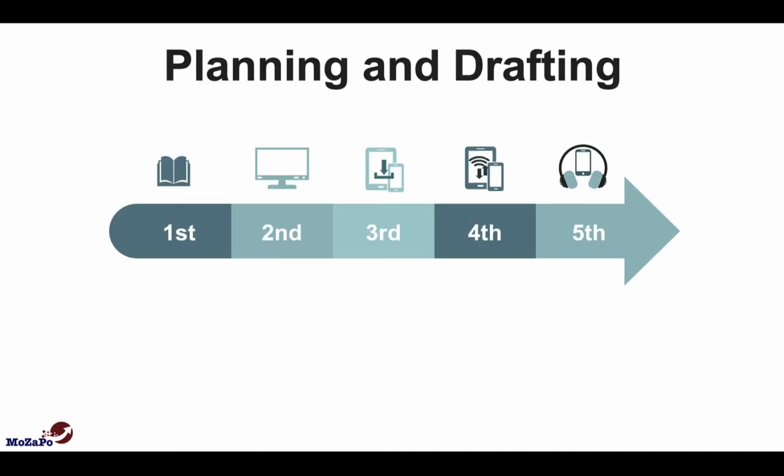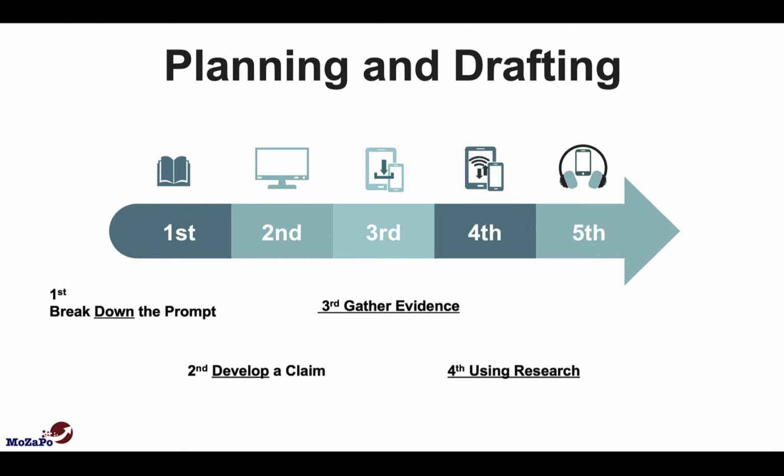In this video, we are going to go over breaking down the prompt. First, you have to understand what the question asks you, and after that, you have to develop your claim, develop your idea, what your idea is, and then you have to collect evidence, data, information from different resources, and you have to use research.